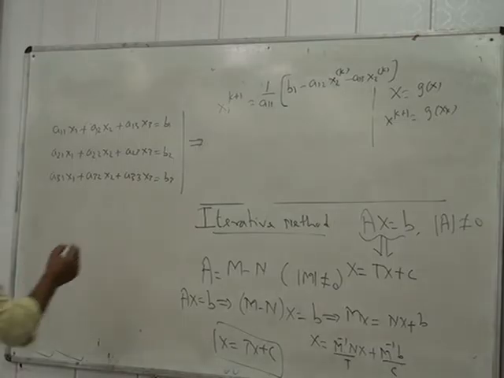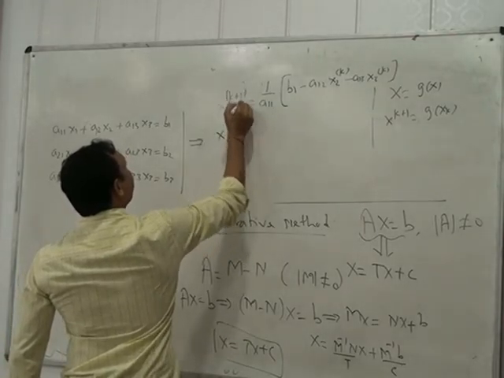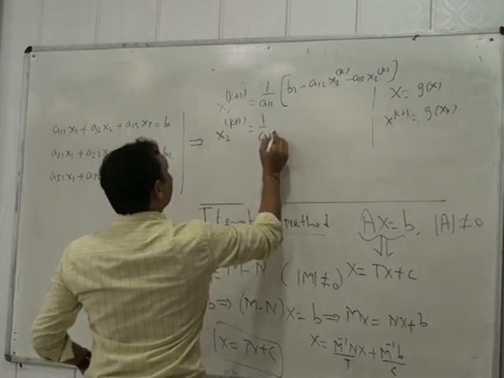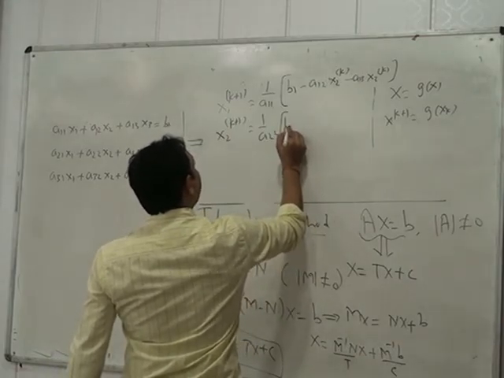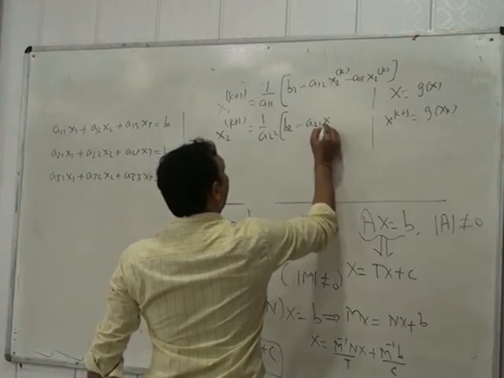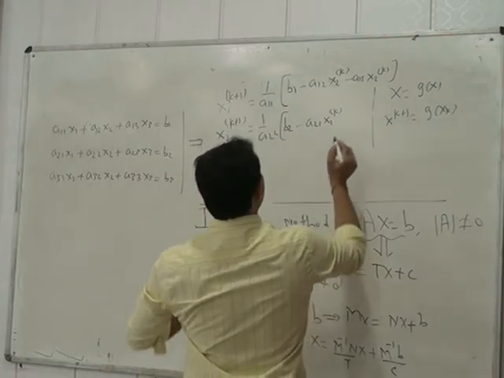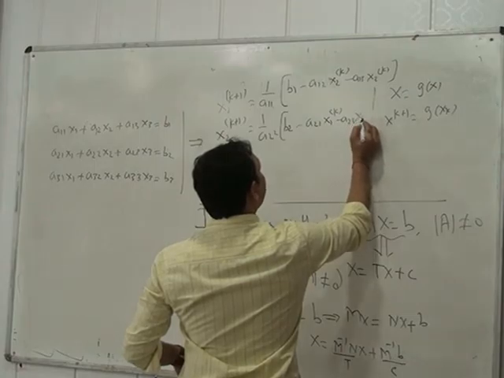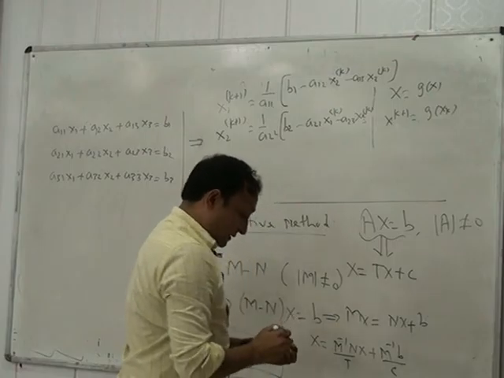Then tell me what is x2 at k plus 1. You can just put a bracket also. Similarly, this is 1 by a22 times b2 minus a21 x1 at k minus a23 x3 at k. It is clear?